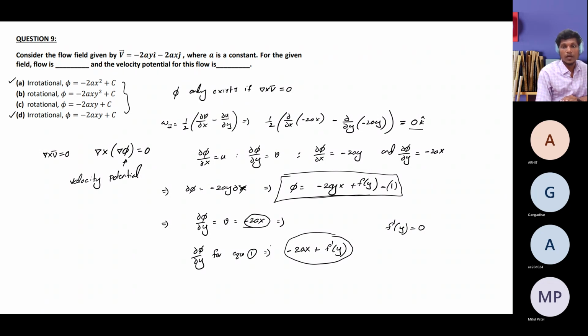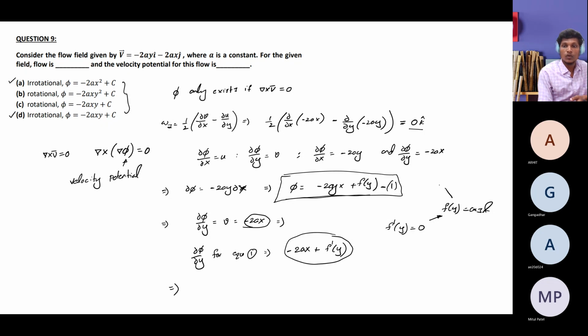If f dash of y equals 0, where f dash of y means dou f by dou y, and you integrate back, then f of y should equal a constant.